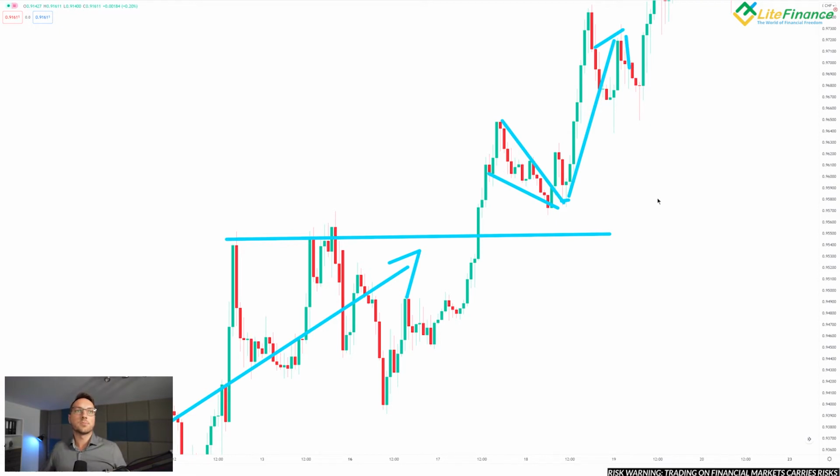And again, what you need to have in mind while taking a trade with this formation: the breaking point, stop loss at the lower point, but the take profit you would measure from the distance where the lower boundary starts to form and the higher boundary starts to form. And from here you would take the range to set your take profit.